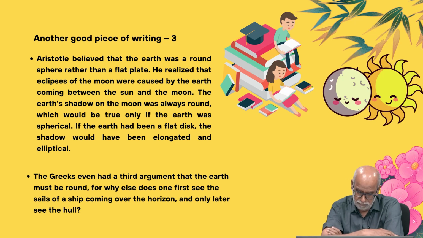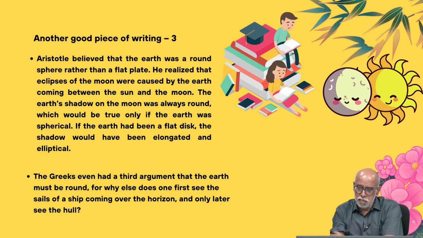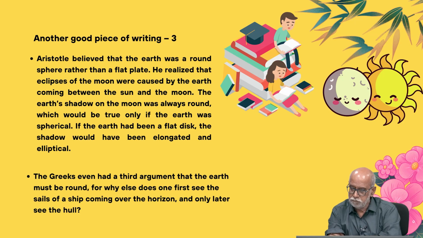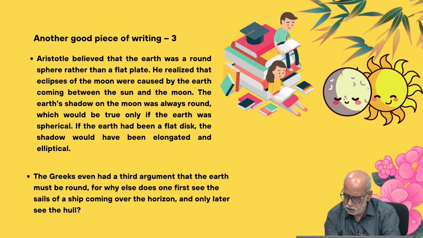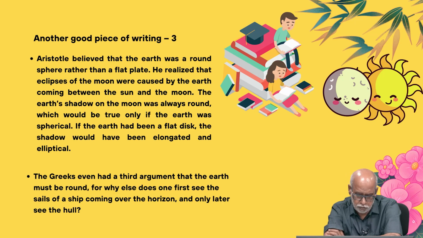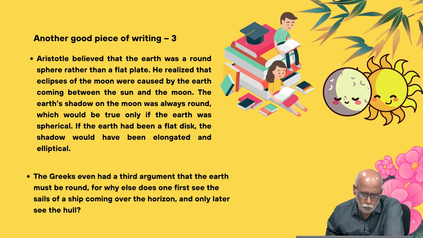The same author continues, the Greeks even had a third argument, that the earth must be round, for why else does one first see the sails of a ship coming over the horizon? For here would mean because.